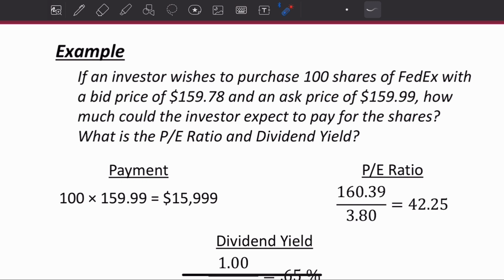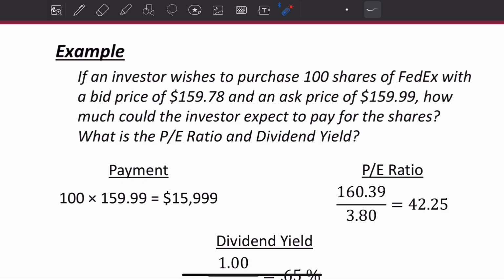Now, if the investor wants to buy 100 shares and places an order to buy 100 shares, the price that the order will be fulfilled at is most likely going to be the asking price, which is the price that someone who already has the shares is willing to sell them at. So this is the price that they are asking for.